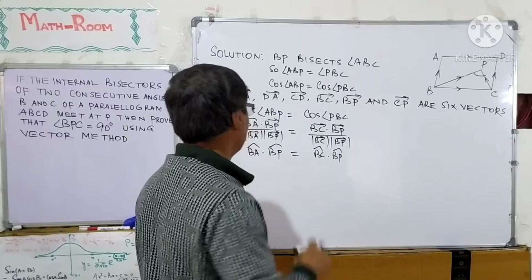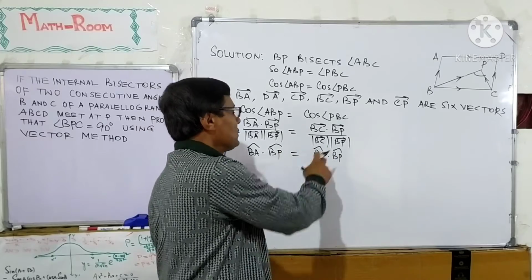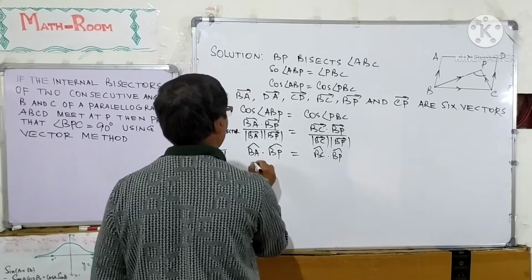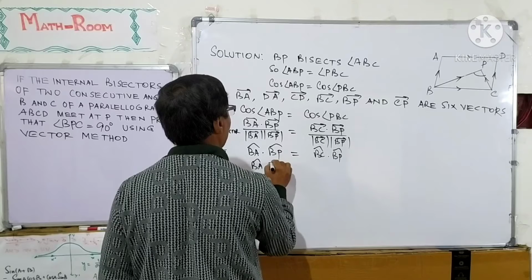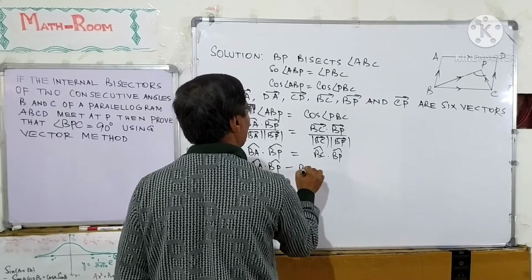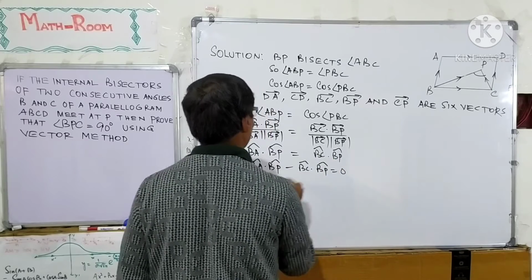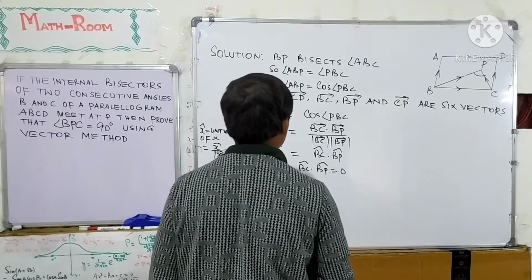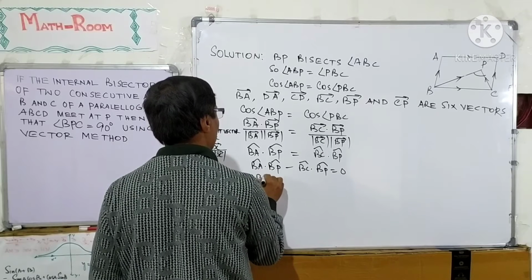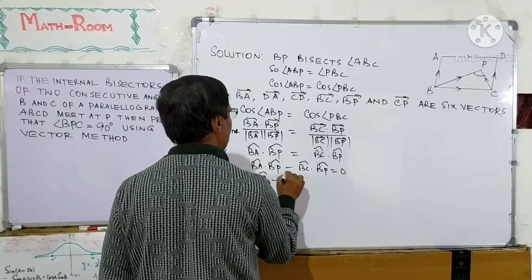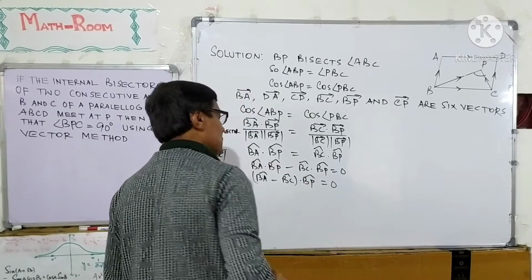So we can write BA cap dot BP cap minus BC cap dot BP cap equals 0. Using the distributive law of the vector dot product, we can write BA cap minus BC cap dot BP cap equals 0.